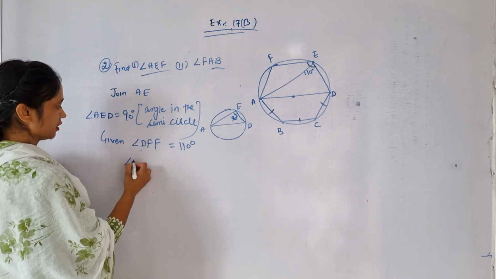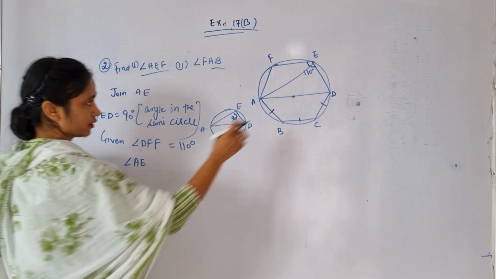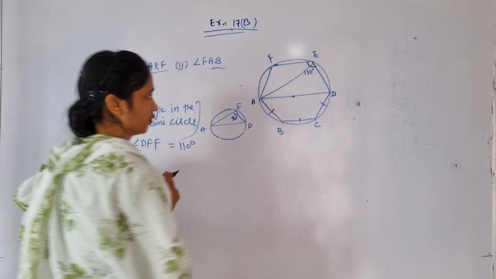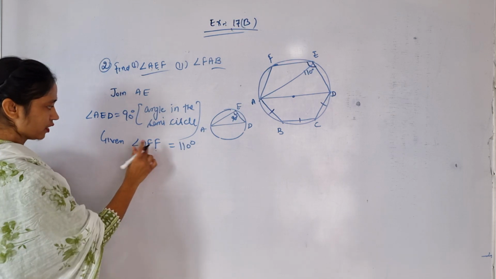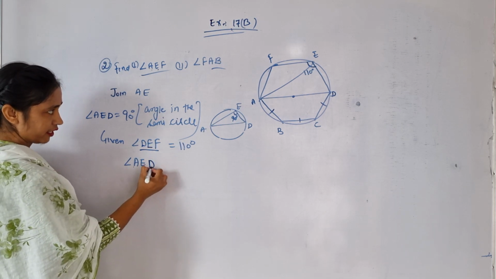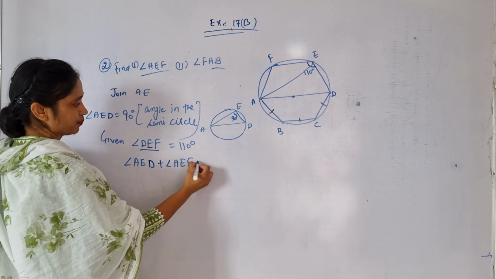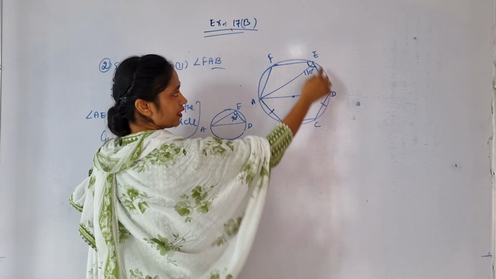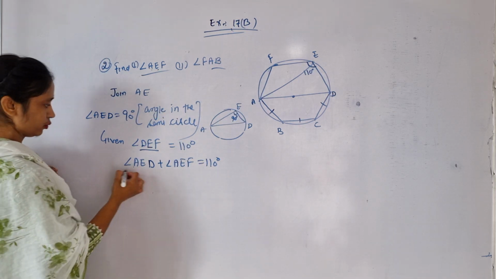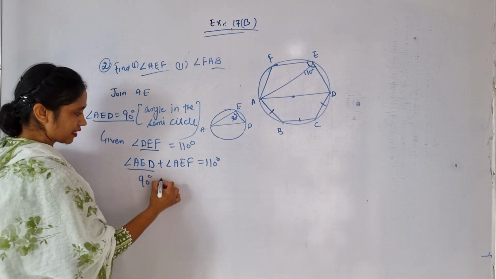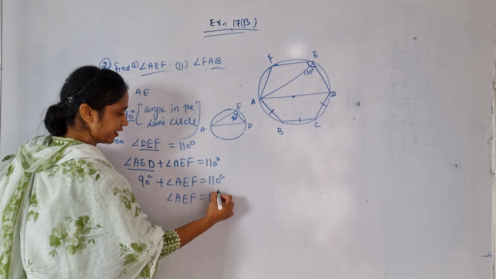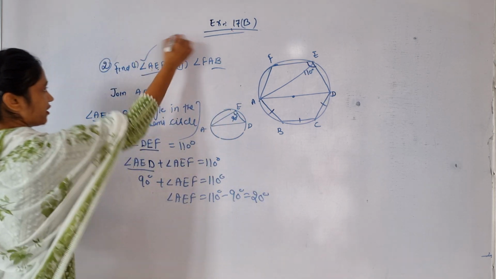DEF means AED plus AEF. DEF is equal to AED plus AEF, which is equal to 110 degrees, and AED we have calculated as 90 degrees. So 90 degrees plus angle AEF is equal to 110 degrees, which means angle AEF is equal to 110 degrees minus 90 degrees, which is 20 degrees. The first part is done.